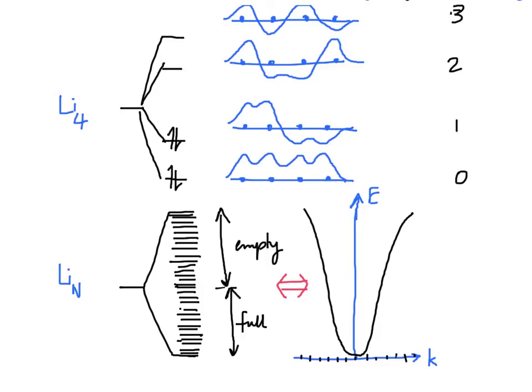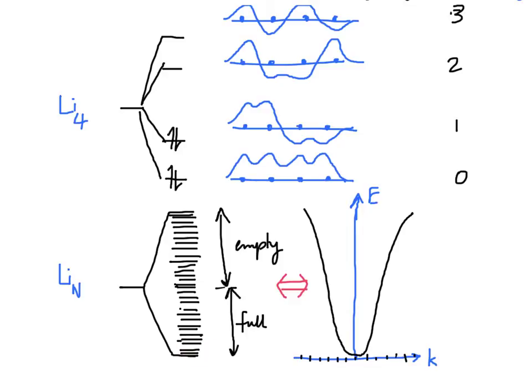The moment we realize the equivalence of these two pictures, the one on the left and the one on the right for our lithium N system, the mystery surrounding band structure plots is somewhat lifted. We note, of course, that the plot on the right is essentially the band structure plot for our hypothetical lithium solid.